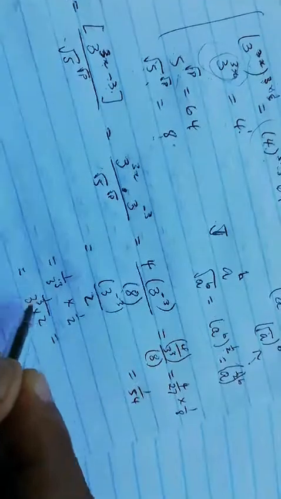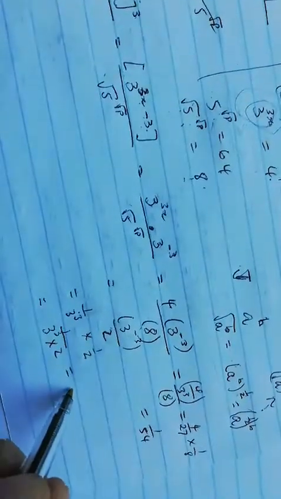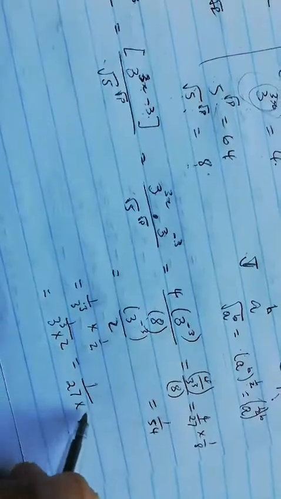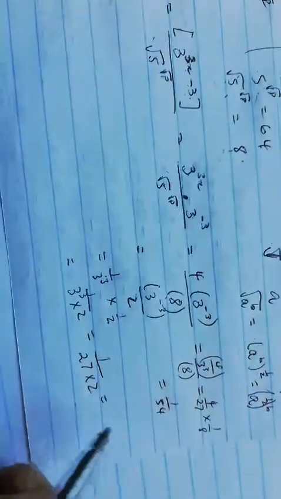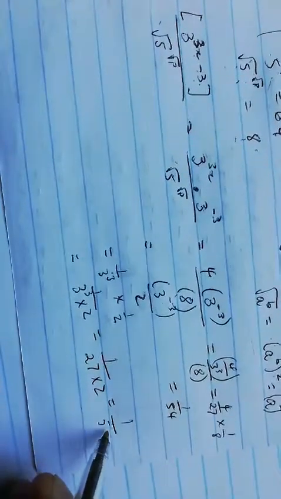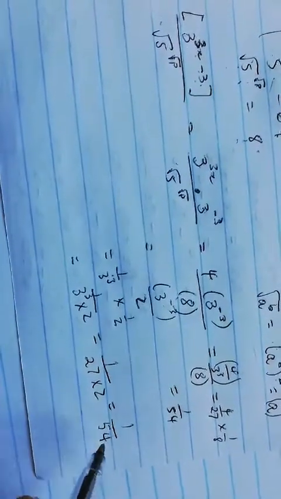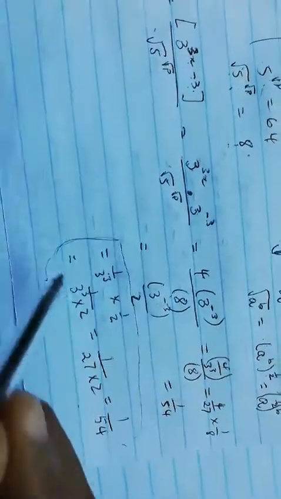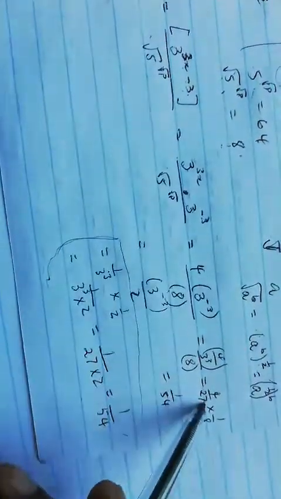So what's 3 to the power of 3? 3 times 3 is 9, 9 times 3 is 27. So 27 times 2 is 54. So that's why I was saying I'm tempted. You don't need to do that. It's just me. You can just go straight.